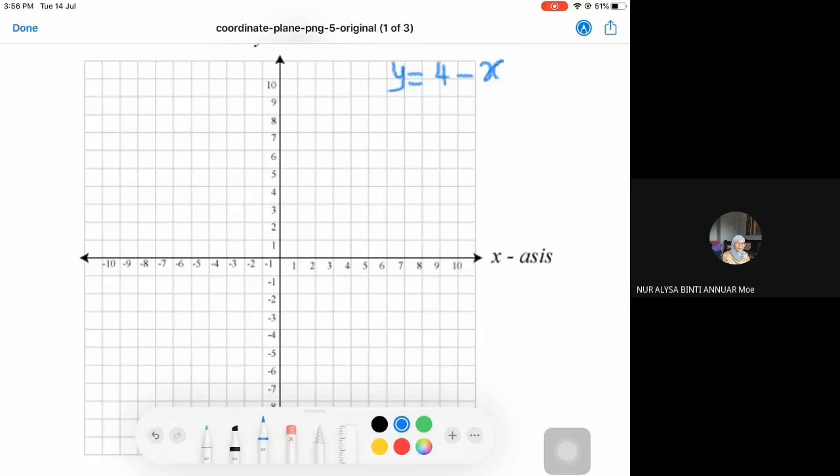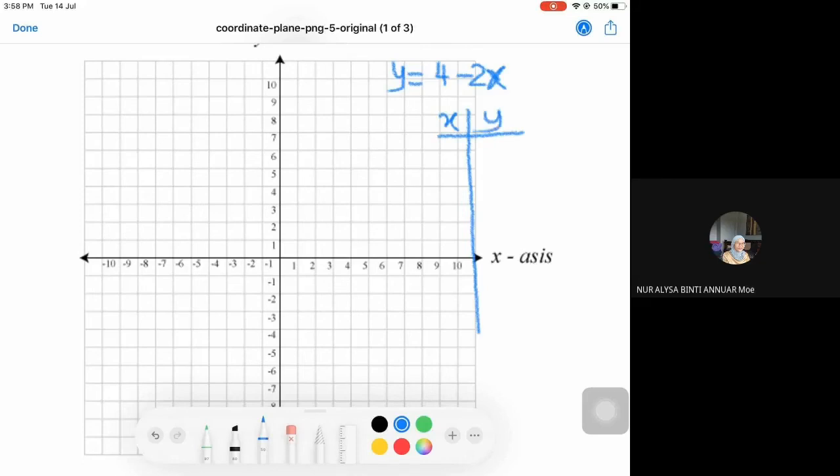Okay, your variables are X and Y. Now, first we do table of values for value of X and value of Y. Kita buat table dulu untuk value of X dengan value of Y.